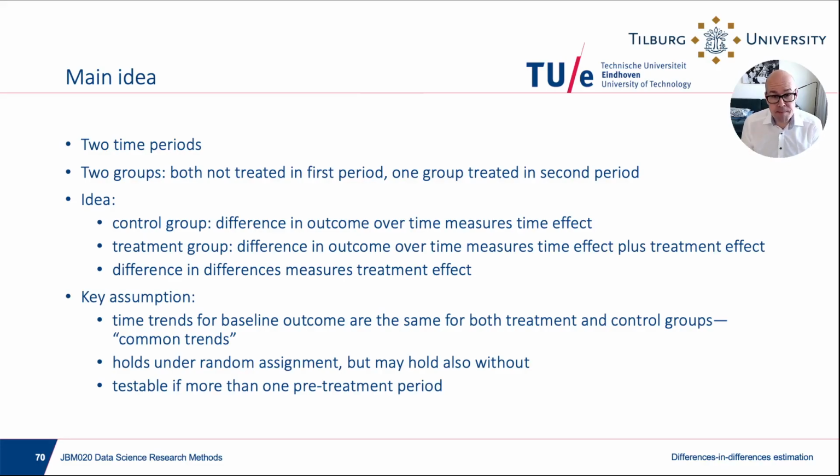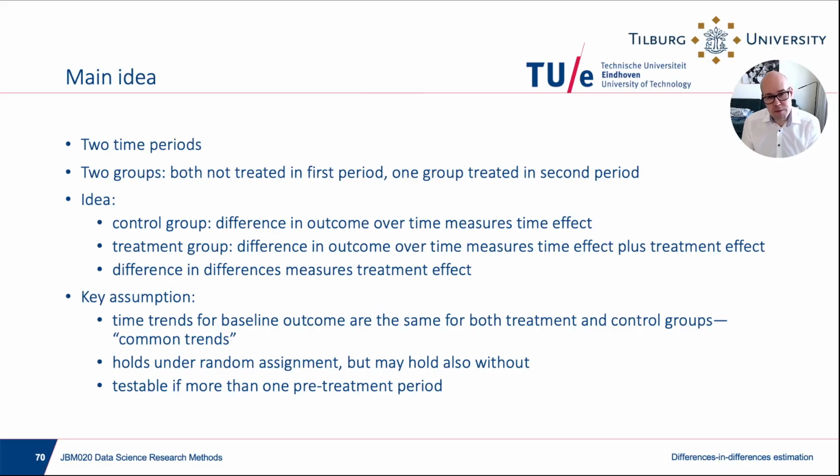Now, what's the main idea? So when we look at the control group and the evolution of the average outcome, then the difference in outcome over time measures time effects. So things that simply change over time that have nothing to do with the treatment. In contrast, when we look at the treatment group, the difference in the outcome over time is equal to this time effect, and in addition there will be a treatment effect.